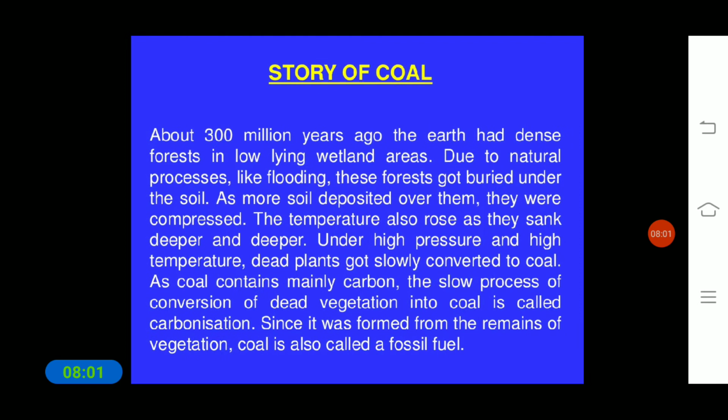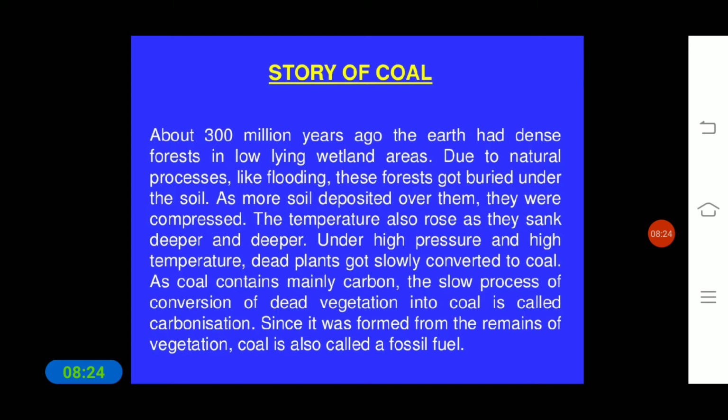Okay, what is the story of this coal? How is this coal formed? I already told you that it was made a long time before. About 300 million years ago, the earth had dense forests in low-lying wetland areas.